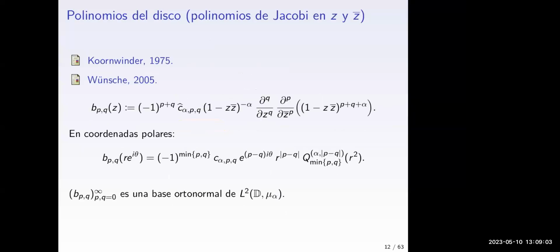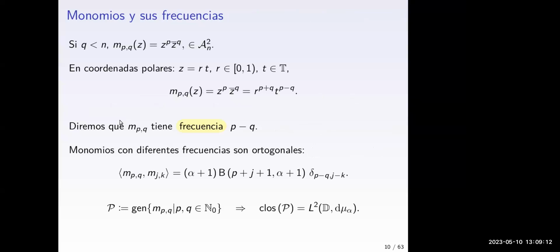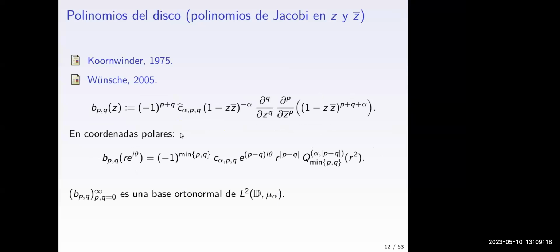We also presented the basis, because as you can see, the monomials in L2 are not orthogonal, but the basis that we present in terms of the Jacobi polynomials is orthogonal, and orthogonal also in frequency. So we have an orthonormal basis.